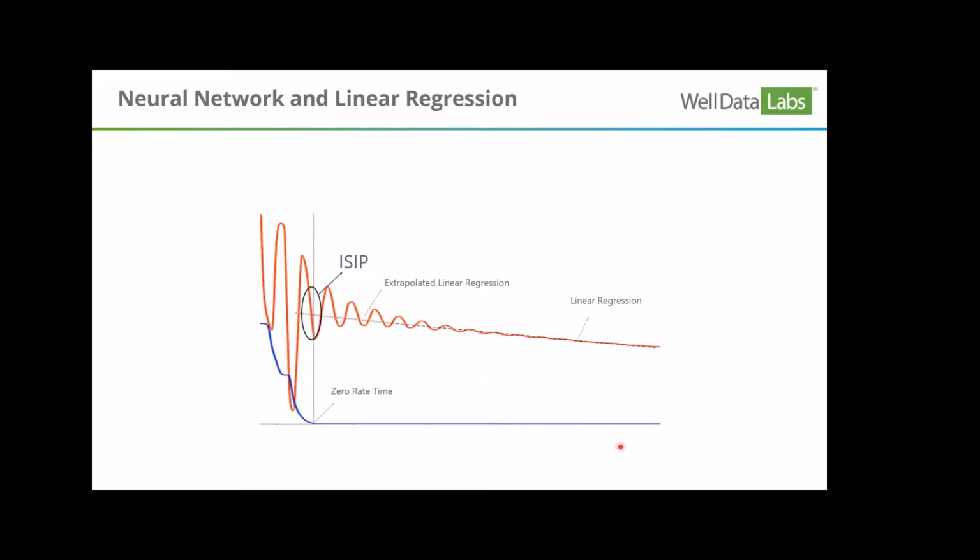Once we isolated that area, we applied a couple of filters to remove outliers. Then we used linear regression and extrapolated it up to the 0 rate time point, and finally got an ISIP value.